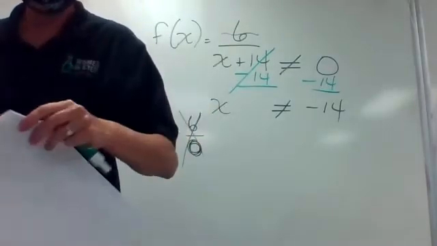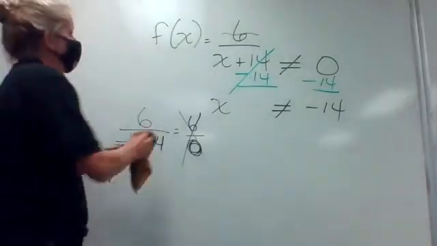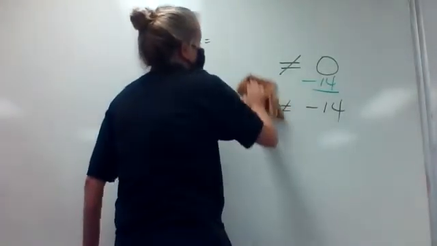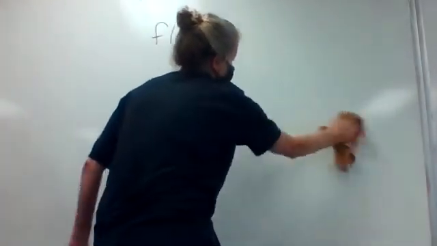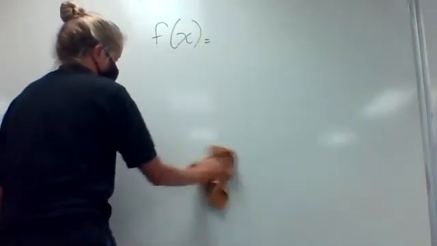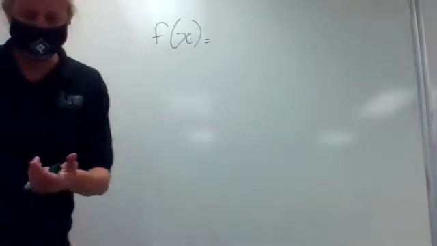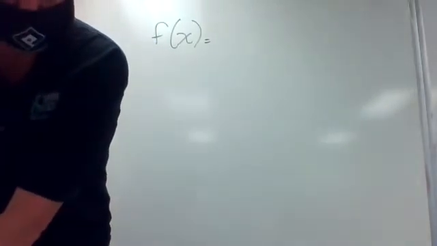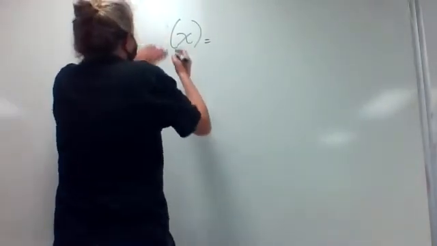All right, number 4. P of x equals 2x minus 5.